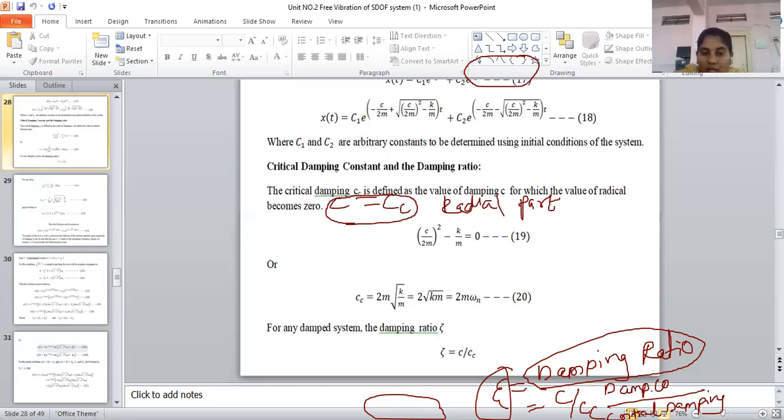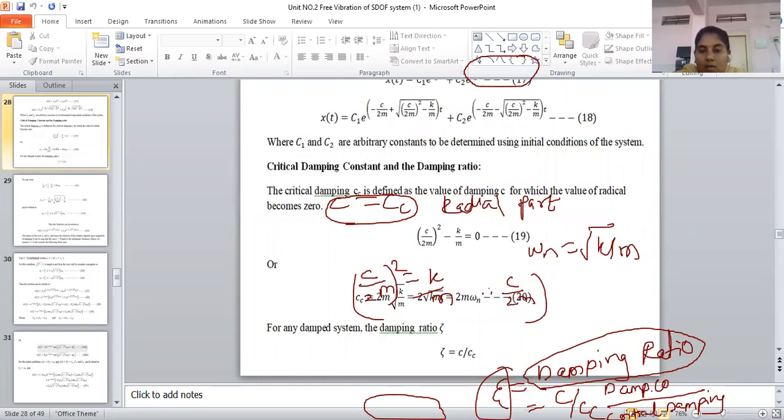So the radical part is (C by twice m) bracket square minus K by m, equal to zero. Means that (C by twice m) bracket square is equal to K by m. Already we know omega n is equal to root of K by m. So you can write (C by twice m) bracket square is equal to omega n square.